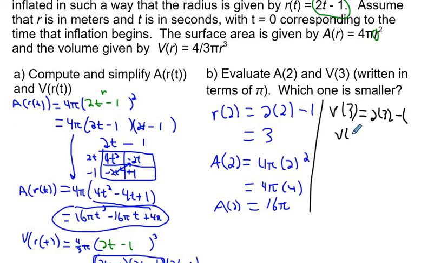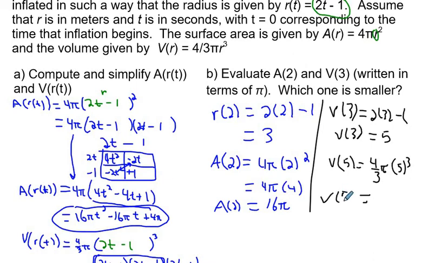So v of 3 would be 6 minus 1, or 5. And to plug that into my volume equation, v of 5 would be 4/3 pi, and then 5 to the 3rd power. And 5 to the 3rd power is 125.